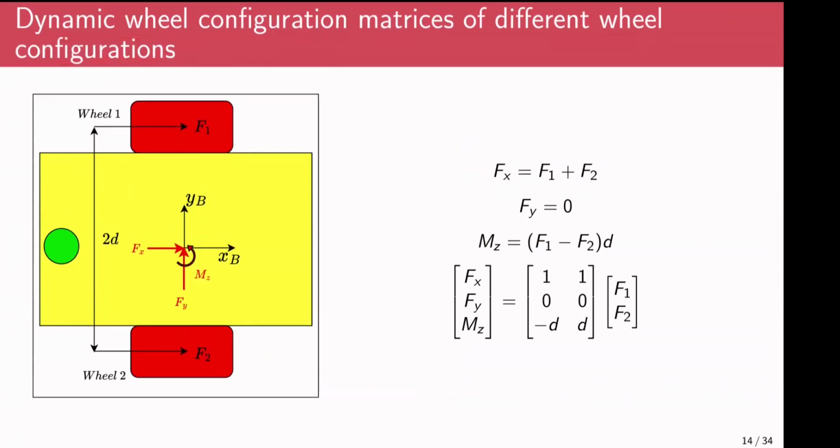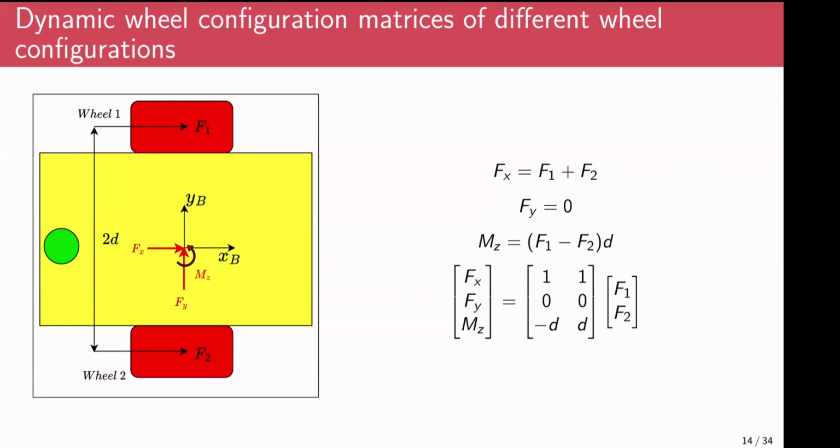If you have gone through the kinematics, we have this wheel configuration matrix for different architectures: the differential wheel drive, the mecanum wheel, skid steering, and omni drive, where we related the velocities of the body fixed frame, U, V, R, to the angular velocities of the wheels, omega 1 and omega 2, and so on.